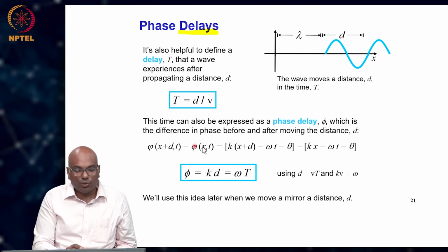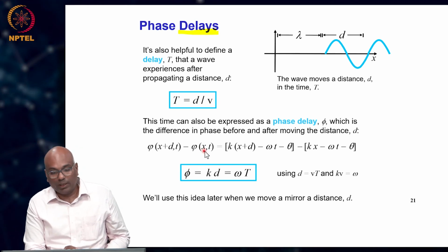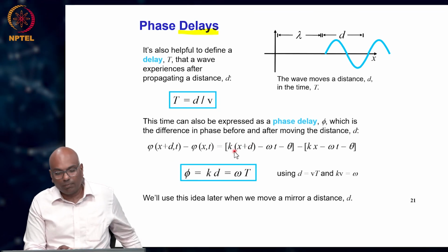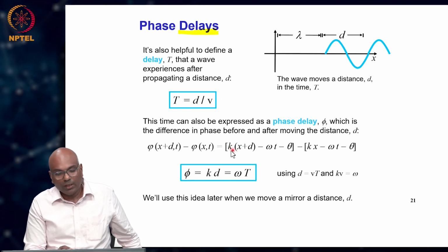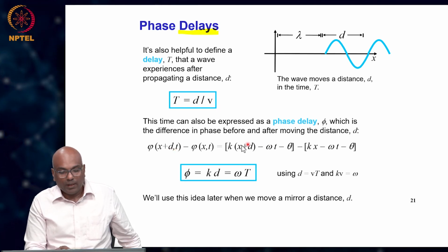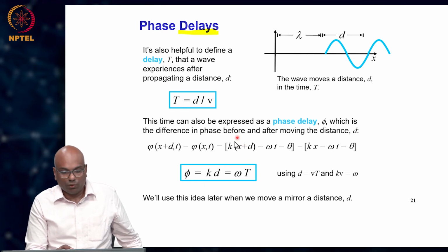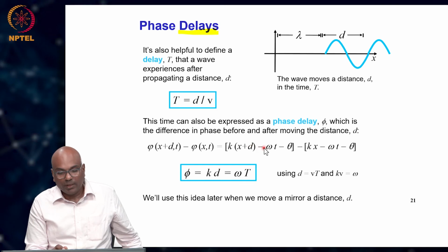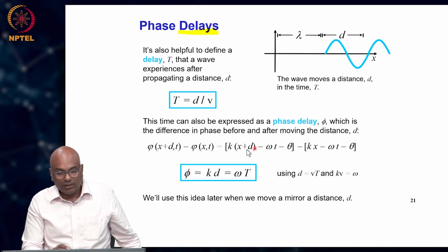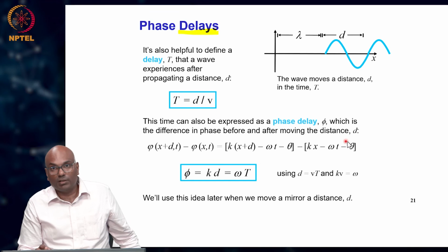These are phase quantities, so they can take values between 0 and 2 pi or even larger values, in which case it would be the argument of a periodic function anyway. So phi of x plus d, t, for the cosinusoidal wave that we have been considering so far, is k(x plus d) minus omega t minus theta, the initial phase, minus phi of x,t, which is kx minus omega t minus the same initial phase theta.